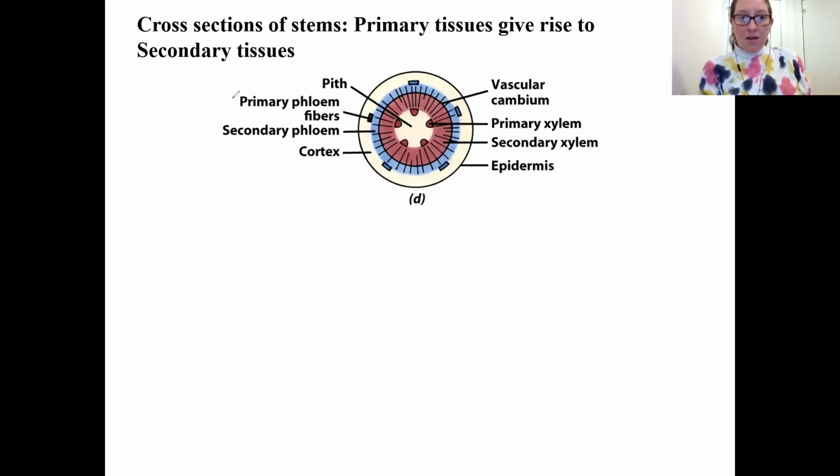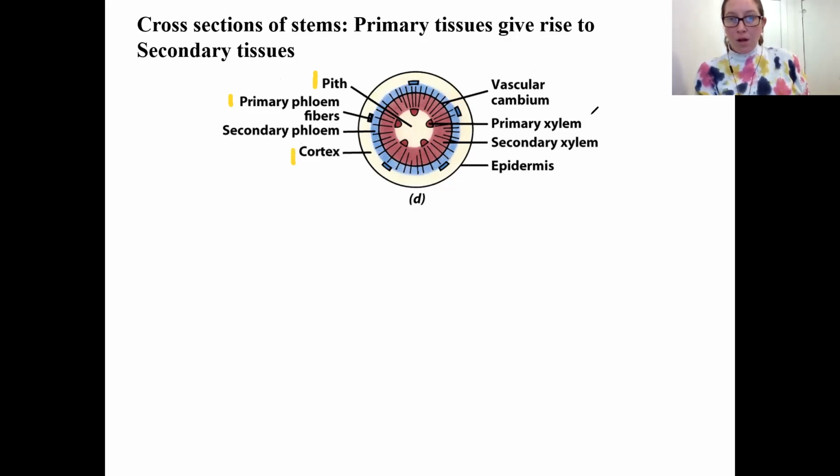Look, we still have primary phloem and we still have primary xylem. But now we have vascular cambium. So we have secondary phloem and secondary xylem. Actually, here, I'll make it more clear this way. With yellow, I'm going to highlight anything that's primary. Pith, primary. Primary phloem, primary.